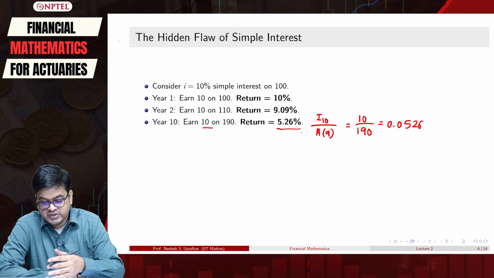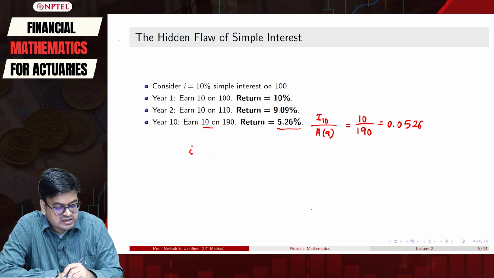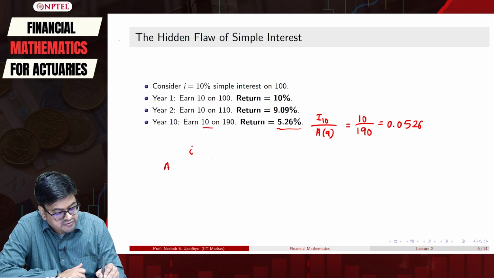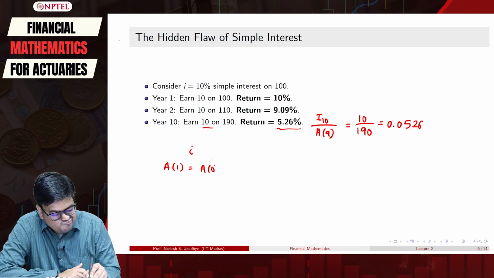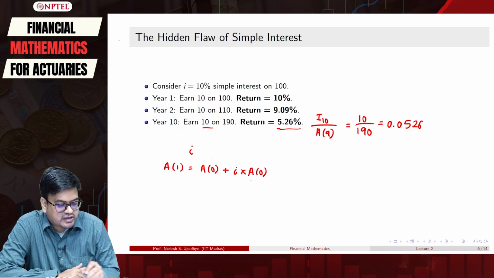How did I come up with these formulas? It's very simple. Essentially, if I have I, which is the interest rate that is being earned using the simple interest principle, then for year 1, A1, what will it be? Whatever amount I have, A0, the accumulation will be I times A0, correct?